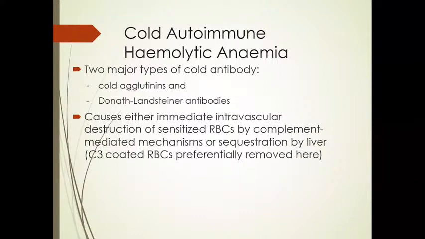The two major types of cold antibody are the cold agglutinins and the Donath-Landsteiner antibodies. They can either cause immediate intravascular hemolysis by complement-mediated mechanisms, or these cells are sequestered in the liver, remember the Kupffer cells, and that's where the RBCs that have been coated are removed.